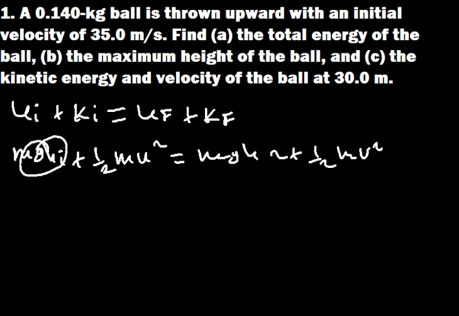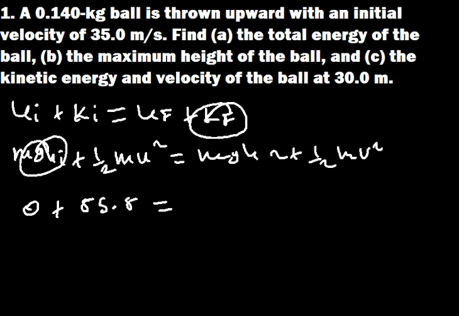So we already know that this is 0, plus half mass times u squared. We already have that one, we just have to calculate. We already have 85.8, which is equal to, now we are looking for the final kinetic energy.